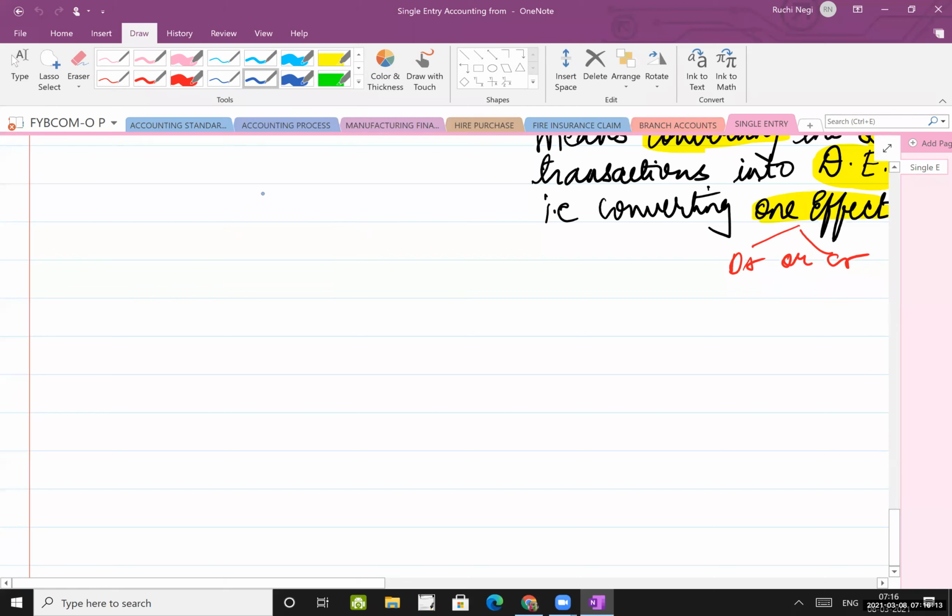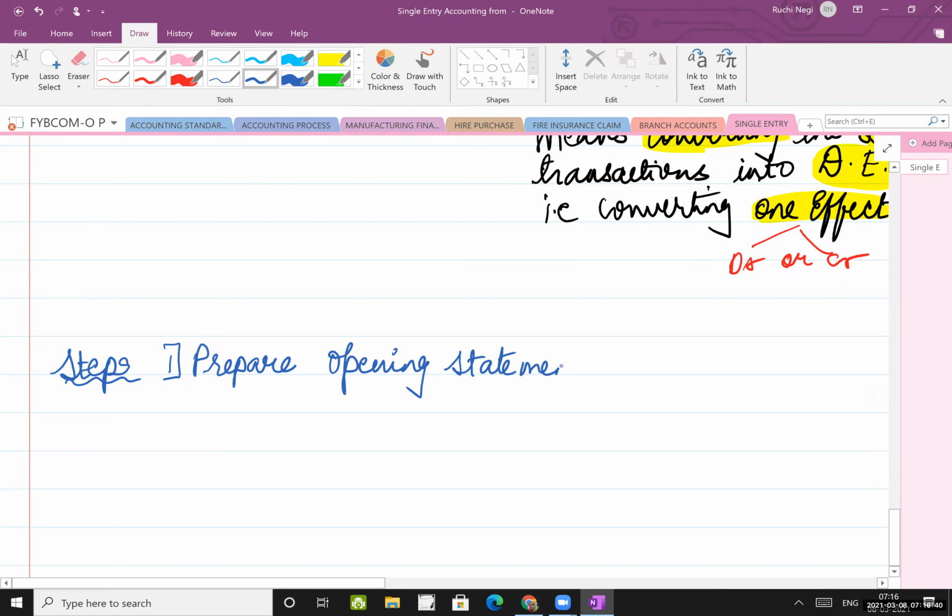Write down the steps in single entry system. That is the steps for solving the sum. So the first step is to prepare the opening balance sheet, that is, the opening statement of affairs.